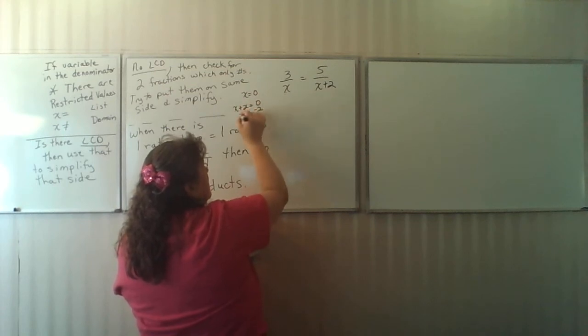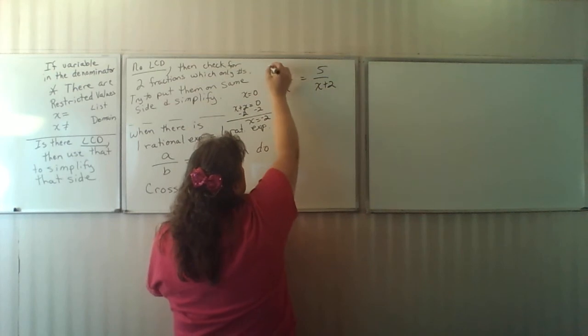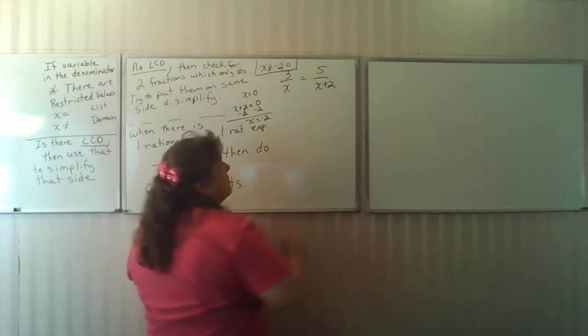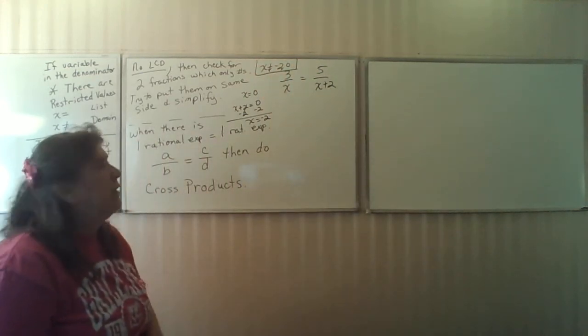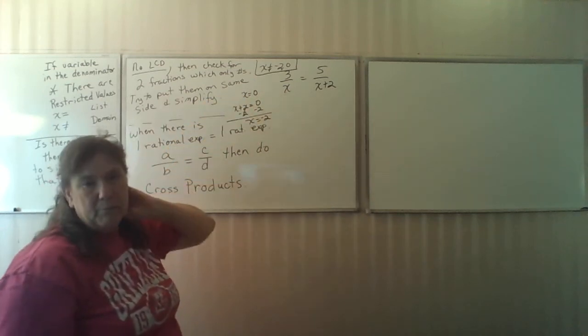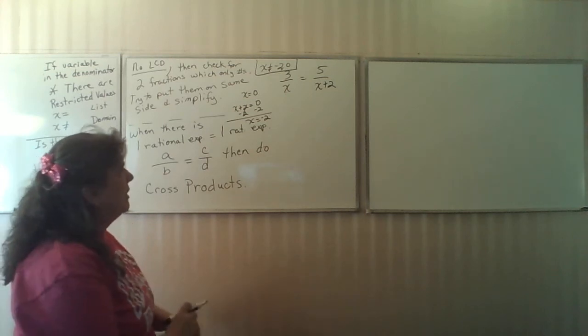Subtract 2 from both sides, giving me x equals negative 2. So my restricted values are x cannot equal negative 2 or 0. There are my restricted values. Write them down clearly. Or I could say x equals negative 2 comma 0 and put RV, RV for restricted value, okay?